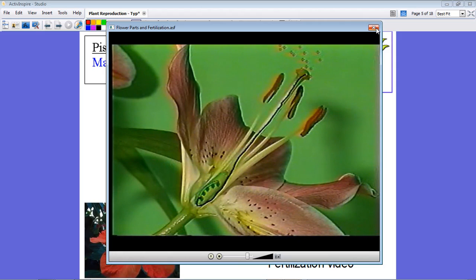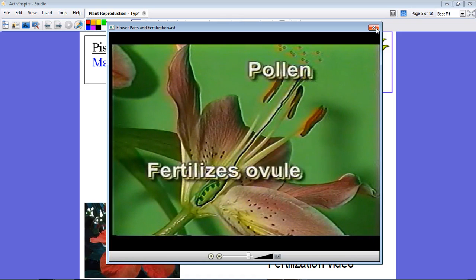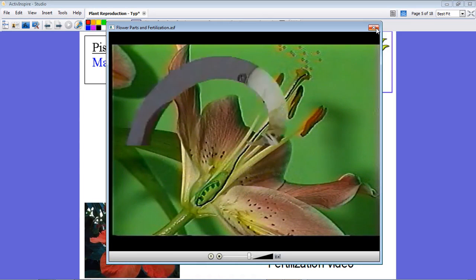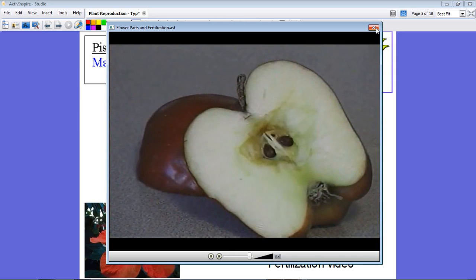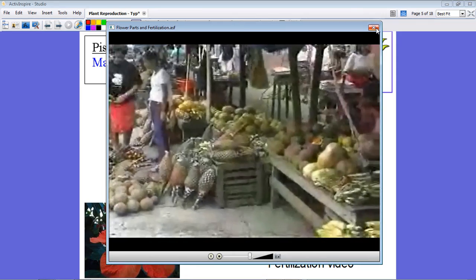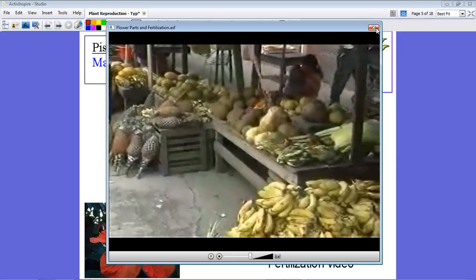Male genetic material from the pollen then travels down the tube and fertilizes or joins with an ovule or female sex cell. The fertilized ovule then develops into a seed, and the ovary surrounding it matures into a fruit. We'll talk more about fruits shortly.